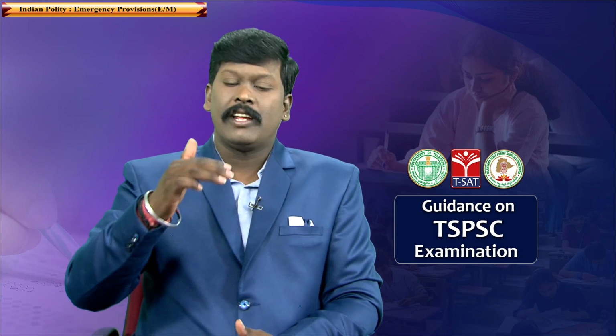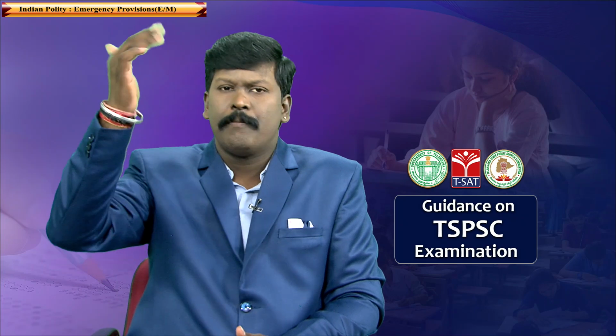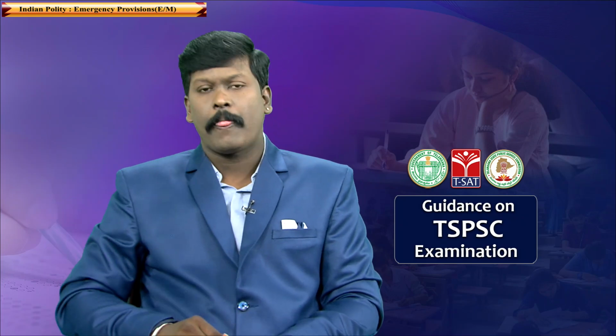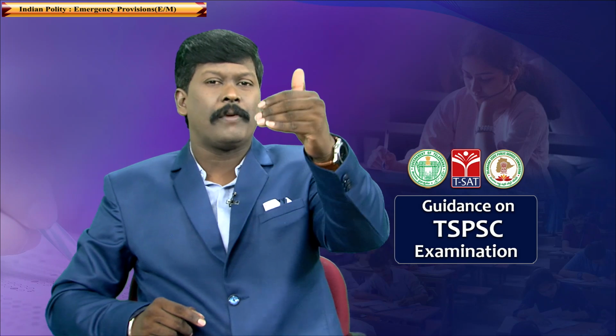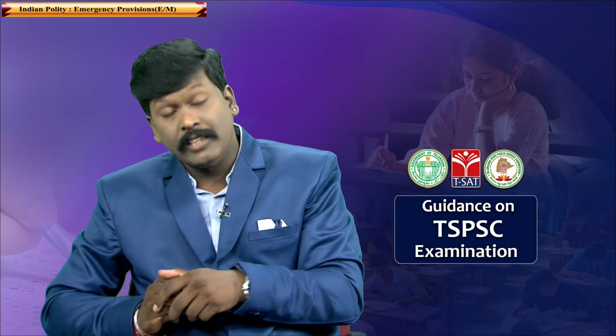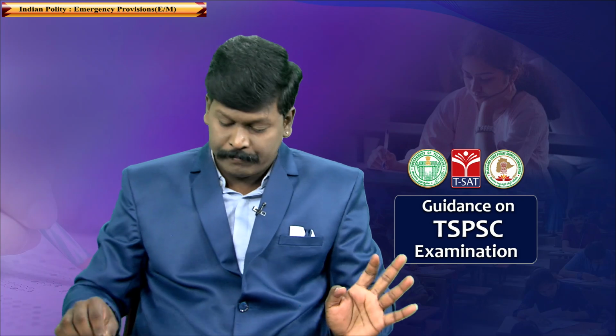Every 6 months, there should be a renewal. In this way, it cannot be continued beyond 3 years. Every 6 months renewal, maximum 3 years. But after 1 year, if the state emergency is to be continued, the national emergency must be in operation. That is a point.